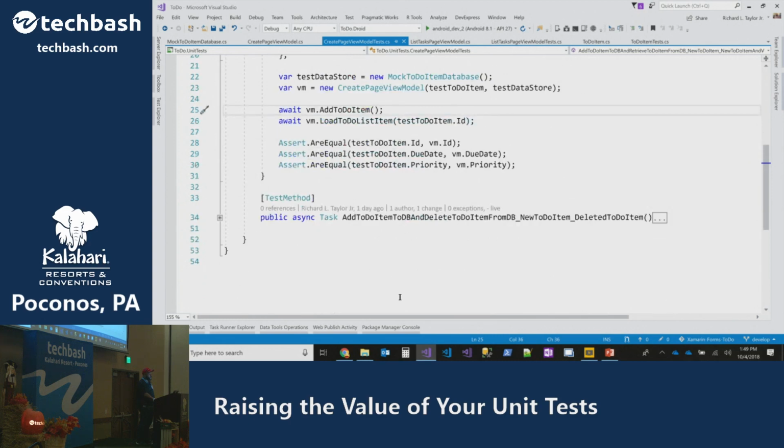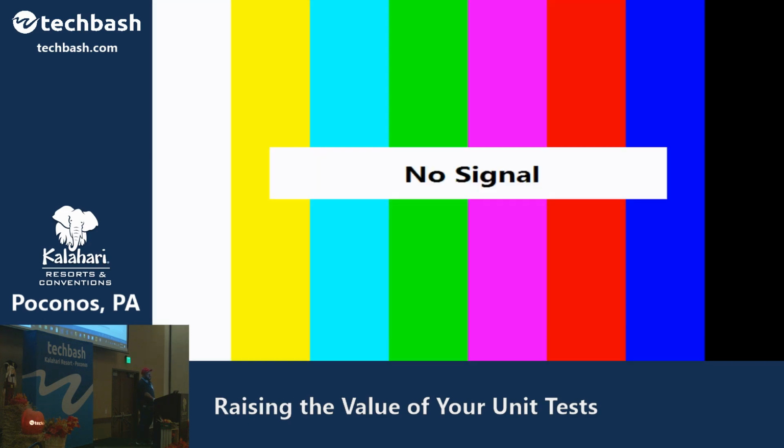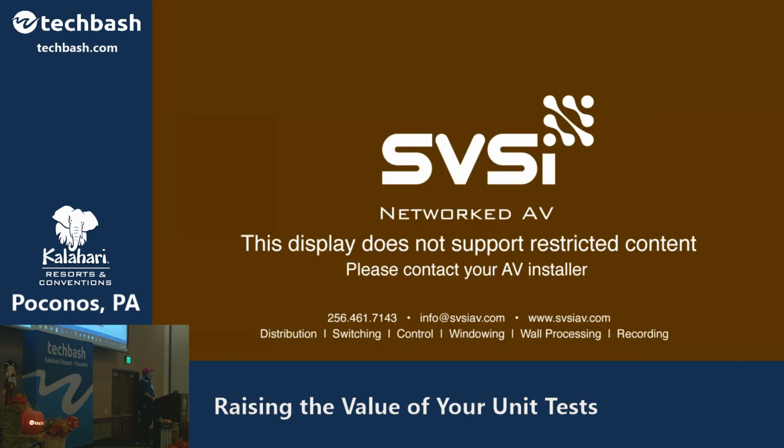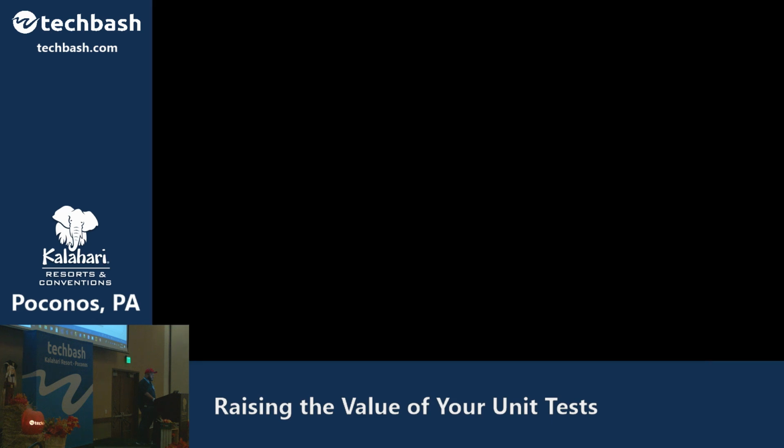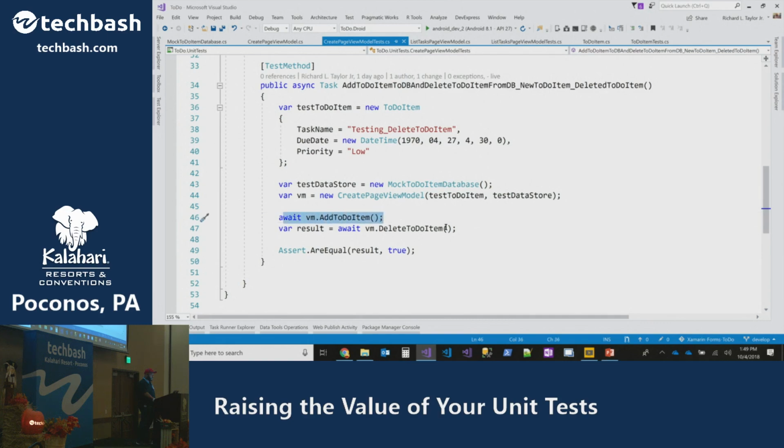And then here's another example where I'm adding a to-do item to the database and I'm deleting it. It's a new to-do item, and then I have a deleted to-do item as my expected results. You see the arrange section here where I'm creating everything, and now I'm adding it, then I'm deleting it.